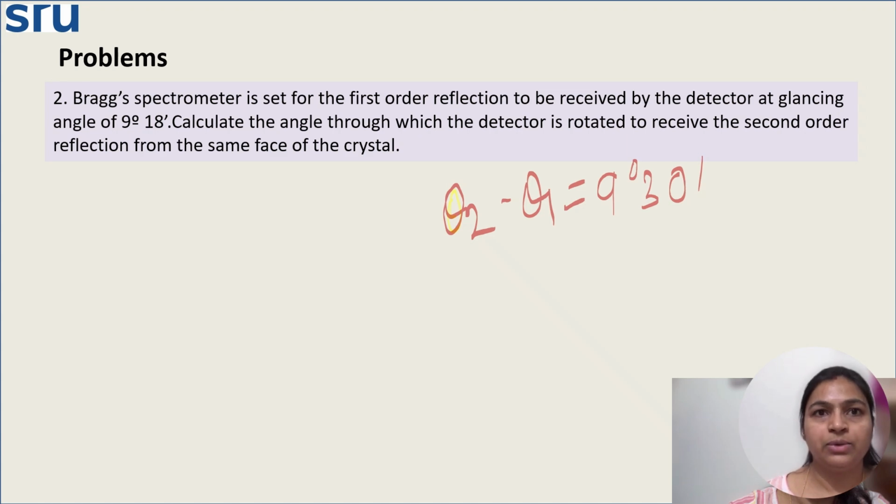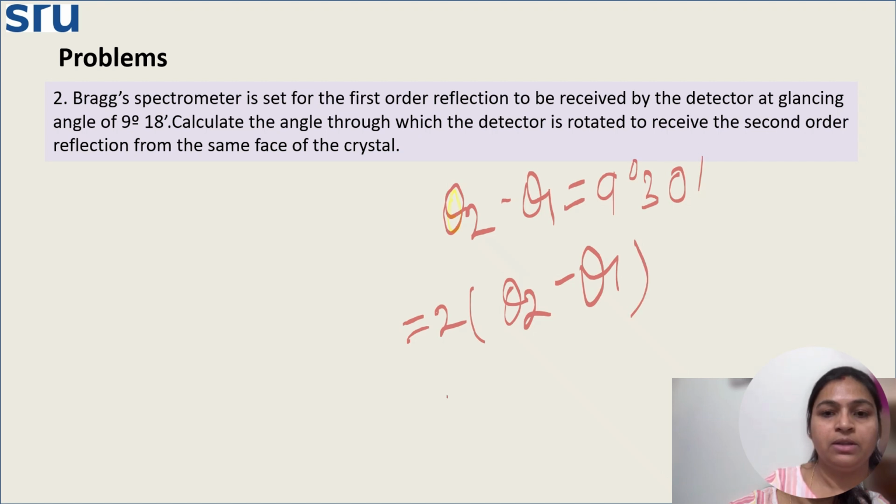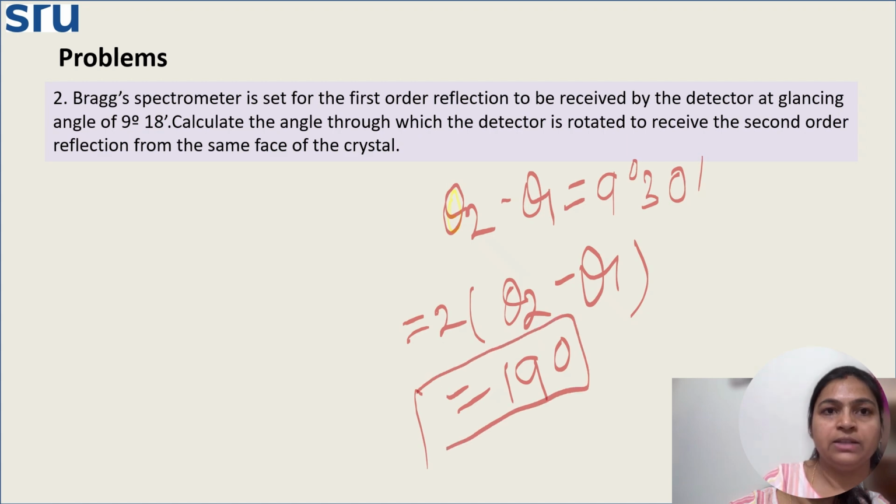Therefore, the angle through which the detector is rotated from first order to second order is twice of theta 2 minus theta 1, that is 90 degrees. So this is our final answer: the angle through which the detector is rotated to receive the second order reflection from the same face of the crystal is twice of theta 2 minus theta 1, that is 90 degrees.